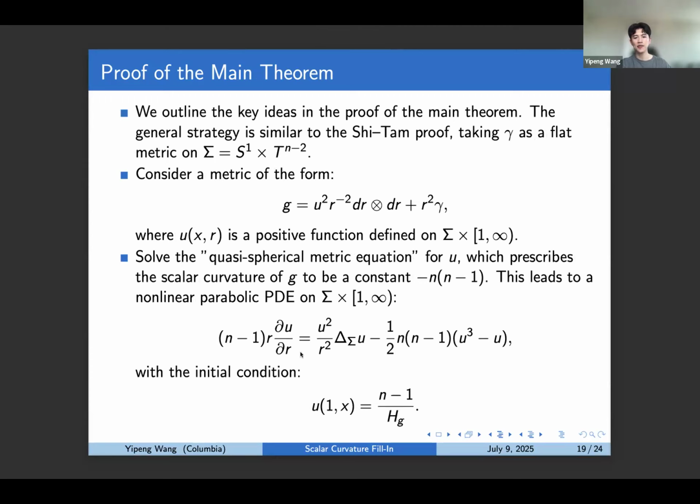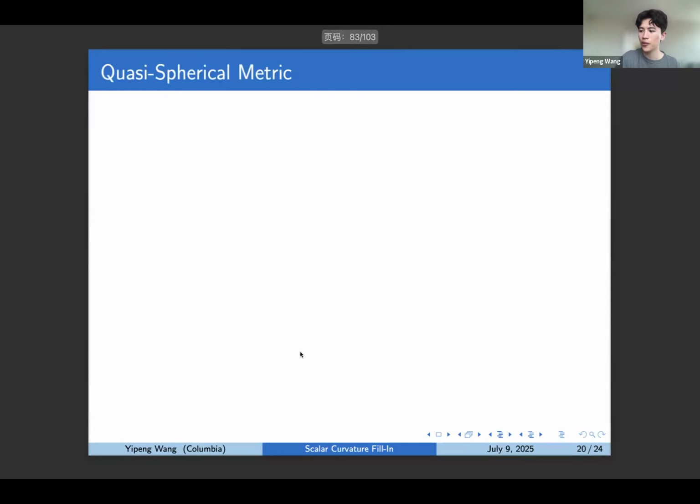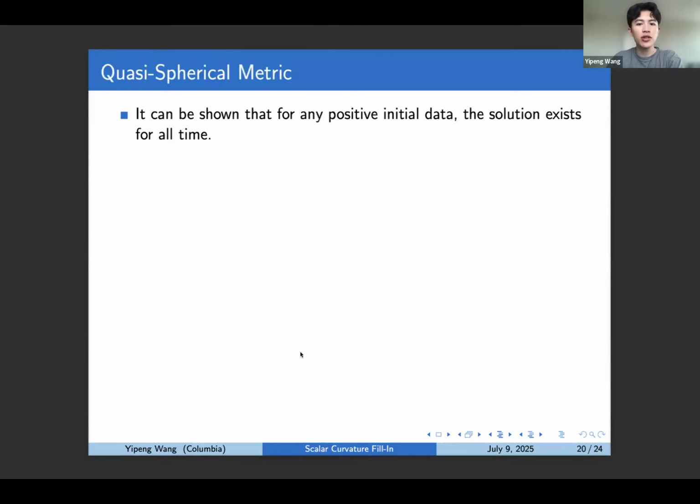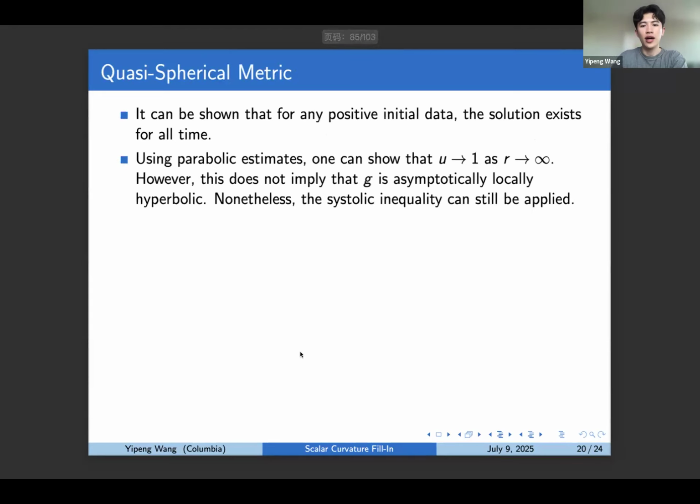This also comes up in the original work of Shi and Tam. On the slightly technical side, you can show that the solution exists for all time, and then under some parabolic estimates, you can show that as r goes to infinity, this u actually goes to 1. Recall that if u is exactly 1, then you are just going back to exactly the hyperbolic cusp metric.